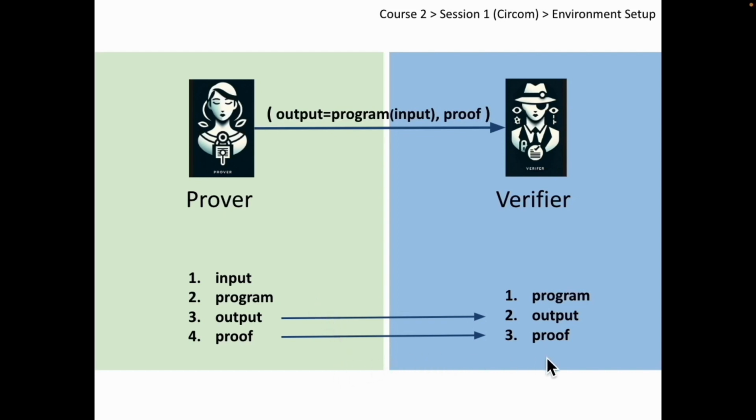These are sent to the verifier, who examines the proof. If the proof is valid, the verifier accepts the output. Remember, the prover is responsible for handling the input, program, output, and proof. On the right side, the elements available for the verifier's verification are displayed, which include the program, output, and proof.